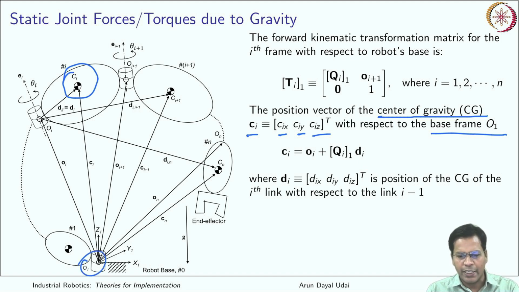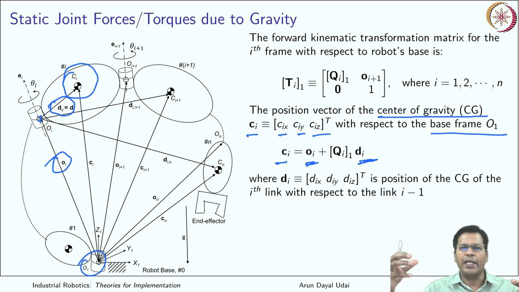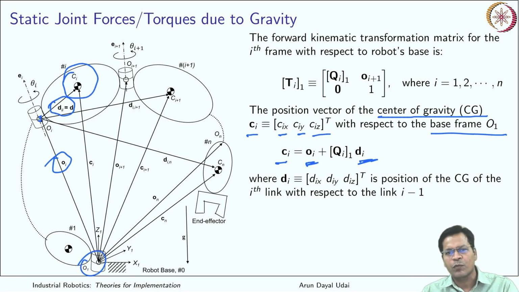It may be given as Ci equals Oi, which is this, plus di. di is the location of the center of gravity with respect to its own frame. Normally this is known. If you have a fixed shape link, normally the center of gravity is well known with respect to any of the frames attached to it. So you can calculate the center of gravity location with respect to the joint also. That is quite easy. That is di.